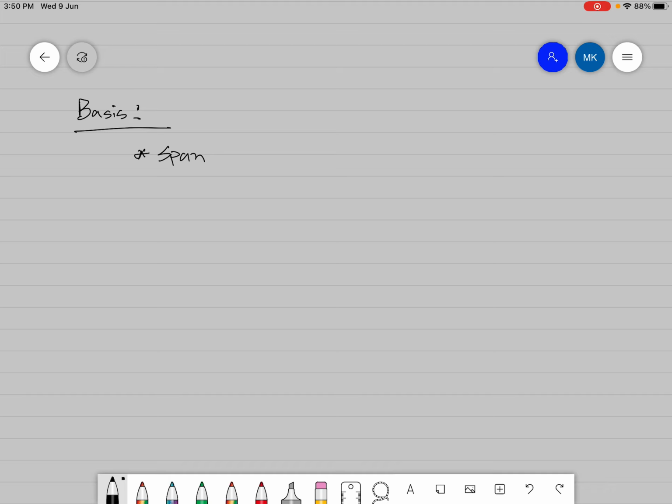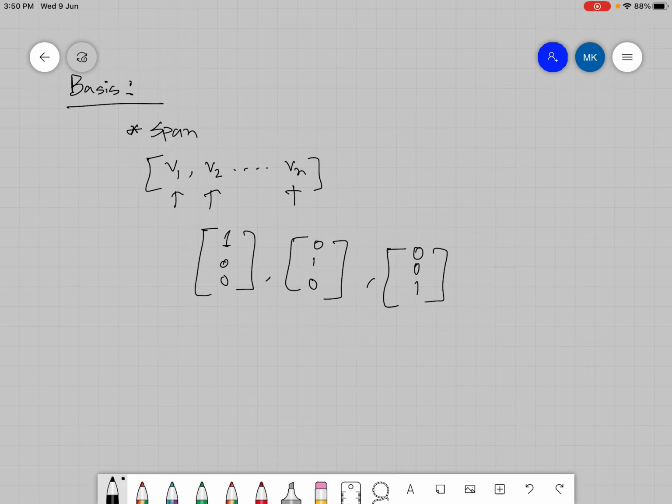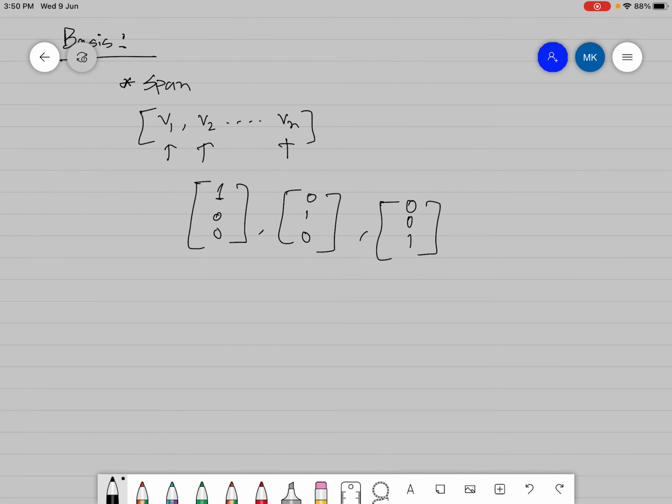Let's say you have some vectors v1, v2 to vn, and if all these columns are independent, then the space that they can cover is the span of those vectors. Let's say you have three vectors, and those vectors are 1 0 0, and let's say 0 1 0 and 0 0 1. So you have these three independent vectors or three independent columns.